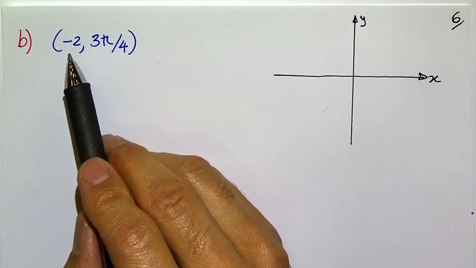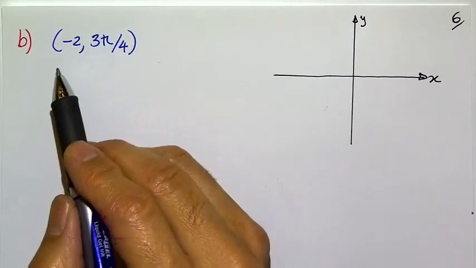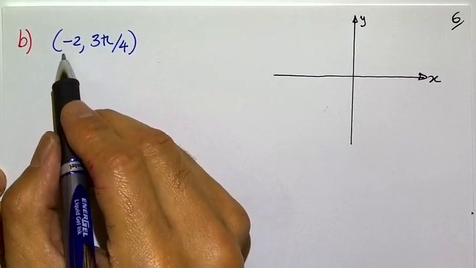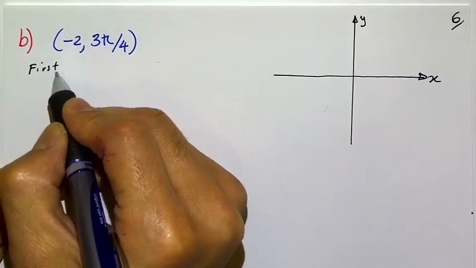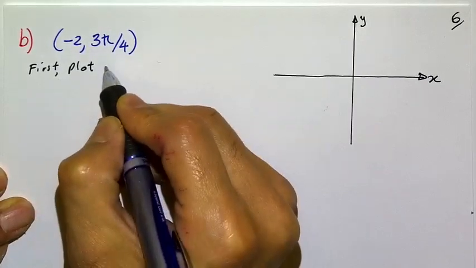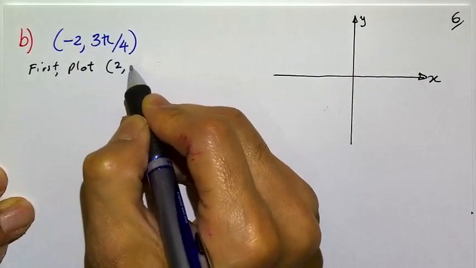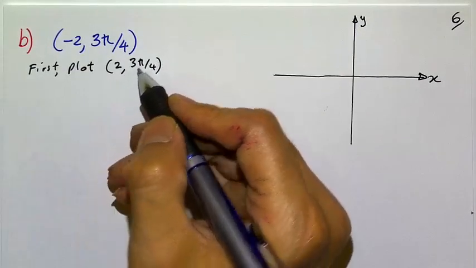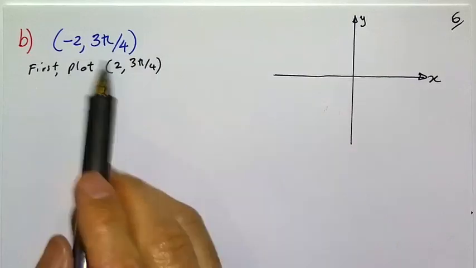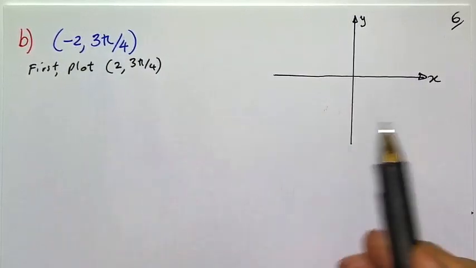So what I will do is first plot the point with positive r value. So first plot positive 2 comma 3 pi over 4. But I'll draw this in the background with dashed lines, and then I will locate the actual point with a solid line.